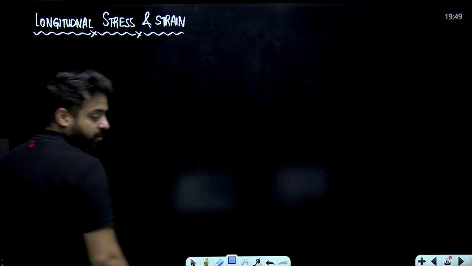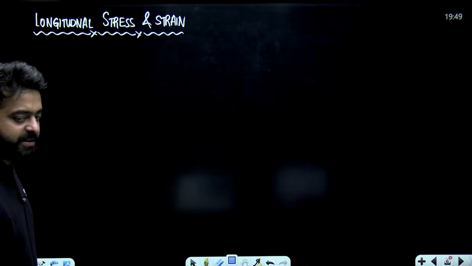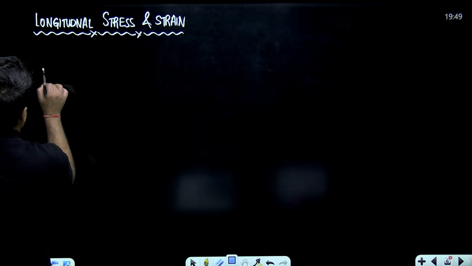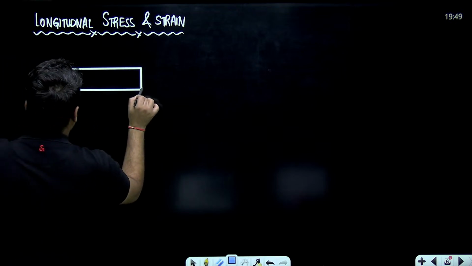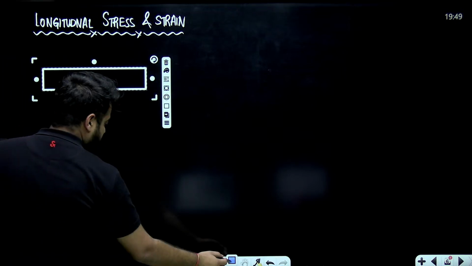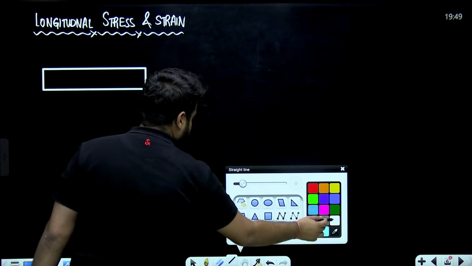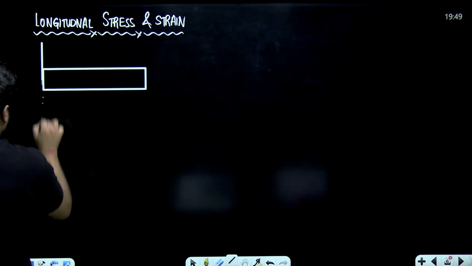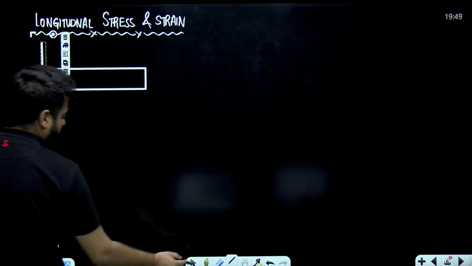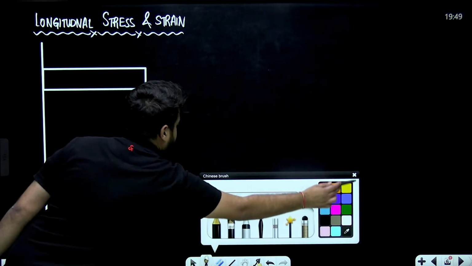Okay, now understand. Please see this part. If any body is there, like this body, let's suppose it is attached to some fixed point, because I need a fixed point there.